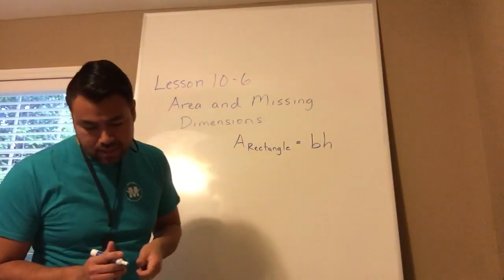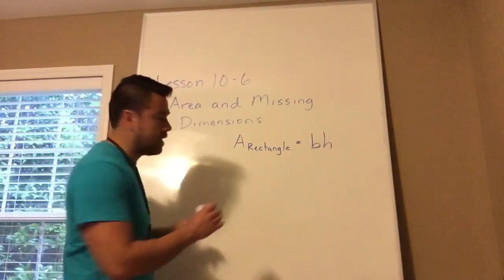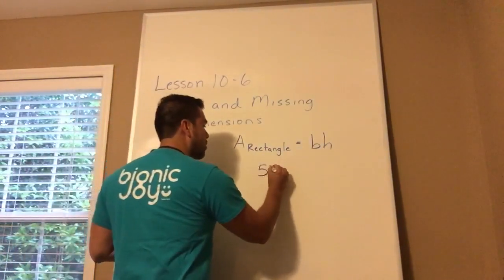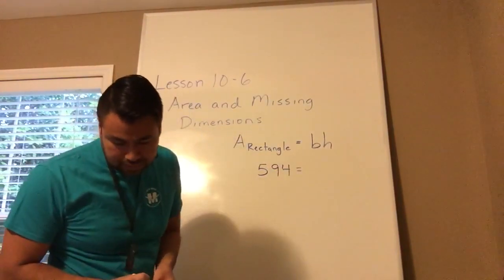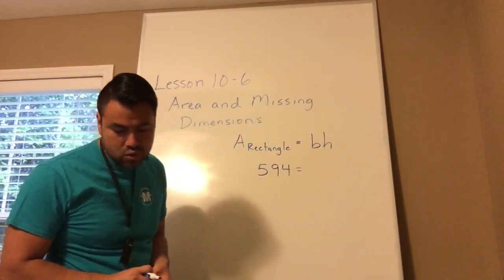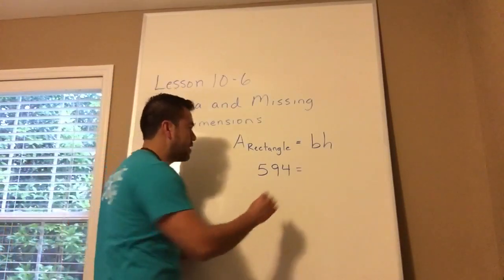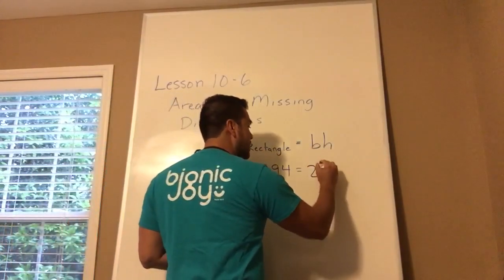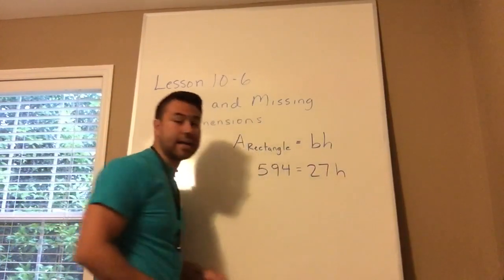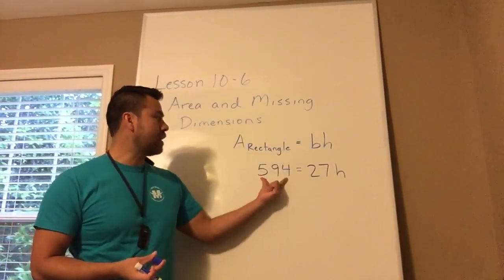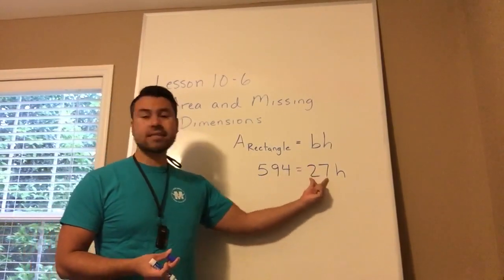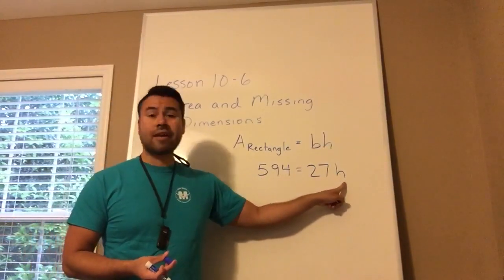In this case, the area is going to be 594, the base is going to be 27, and I want you to find the height. This is really the variety you're getting today.